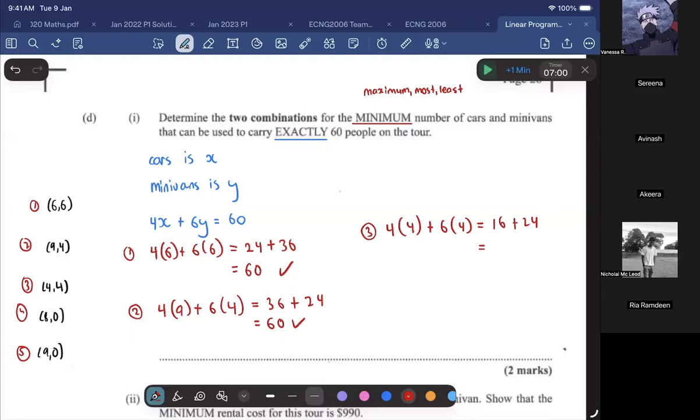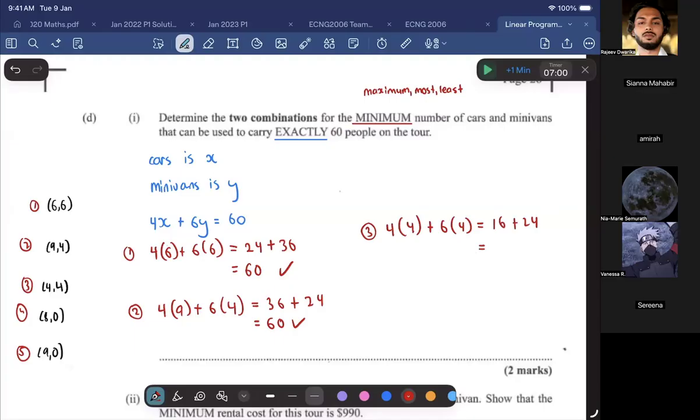What is 16 plus 24? Is it exactly 60? Yeah, that'll be less than 60. So this would not satisfy the condition here, and nor will any of the other ones. If I use 8 and 9, it's not going to work.